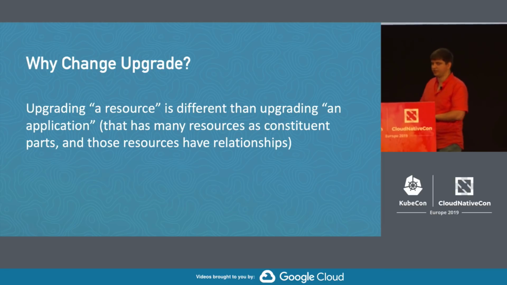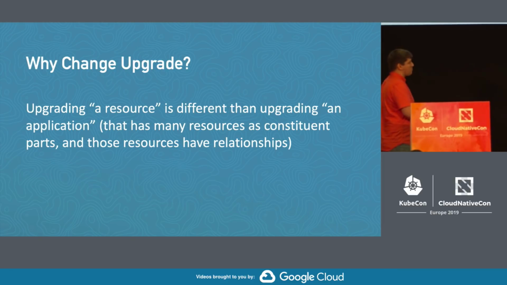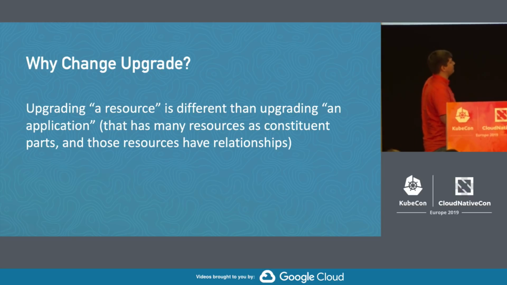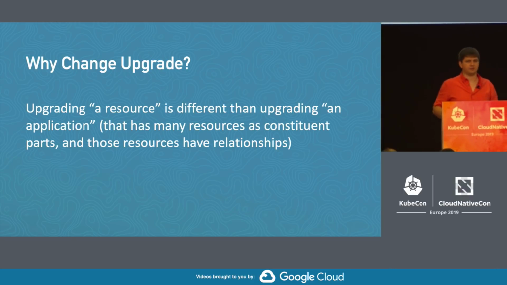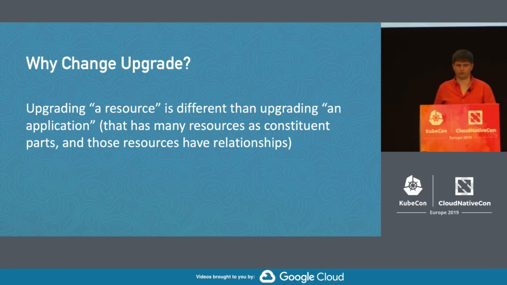I bet most people in here don't want their application state deleted when they do an upgrade. So we have to have these discrete relationships between the different resources inside of the cluster and how we want to treat the upgrade, compared to just saying, here's the state, let's do the upgrade, and let's hope for the best.